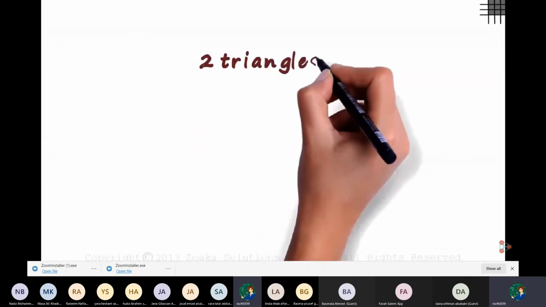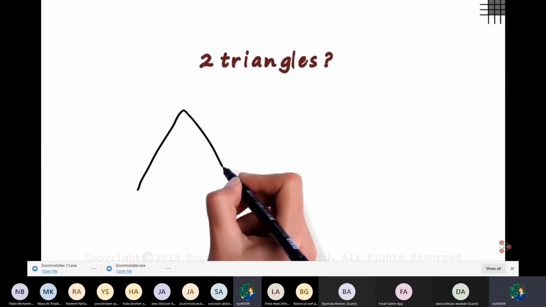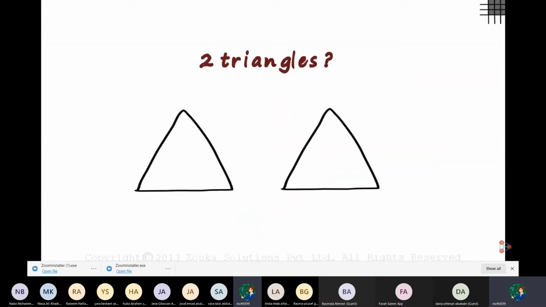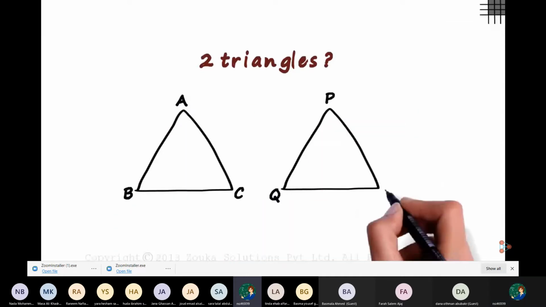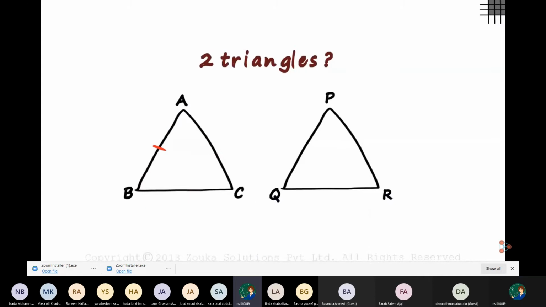Now, here we have two triangles. Triangle ABC and also triangle PQR. Each of the two triangles has three sides and three angles. Here we have three sides.